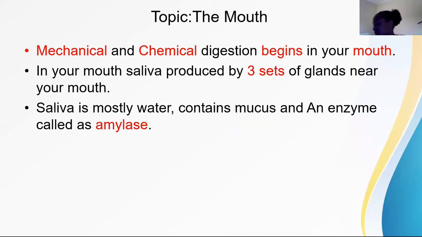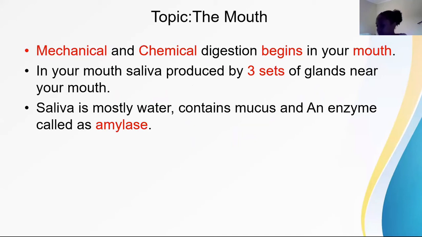The major organs of the human digestive tract are the mouth, esophagus, stomach, small intestine, large intestine, rectum, and anus. So these are the major organs of the human digestive tract.